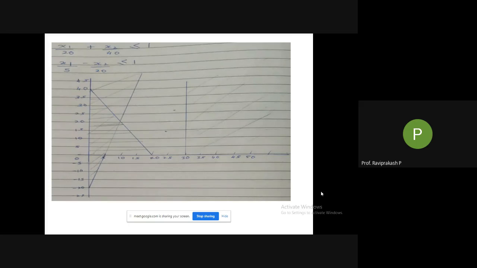Here I have not written the equations for which I have drawn the line, so don't make that mistake. Write the particular equation for which each line is drawn.